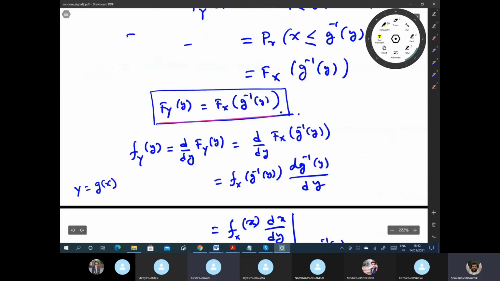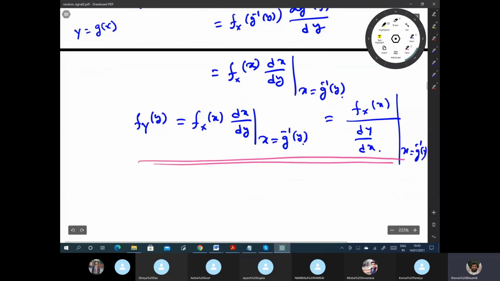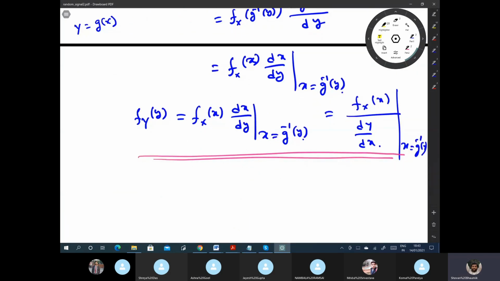Sir, do we have to take a modulus of dx by dy, because the PDF should be positive? Yes, PDF should be positive, and here you see dx by dy is positive. You are very intelligent. You are telling the correct thing. This should be positive, and that's what we calculated.